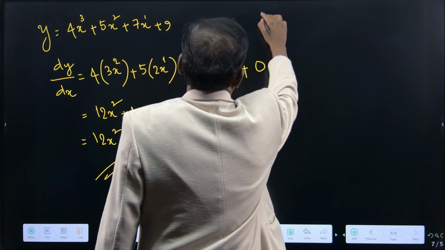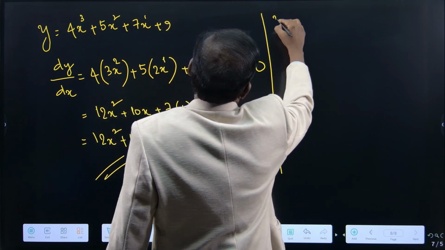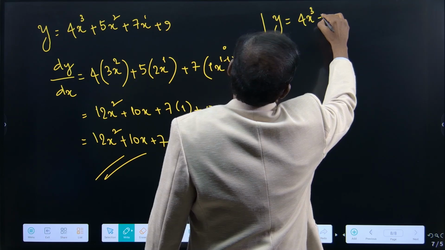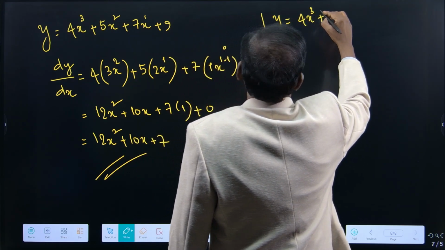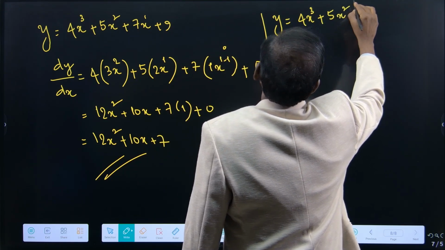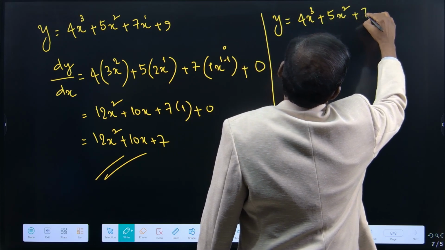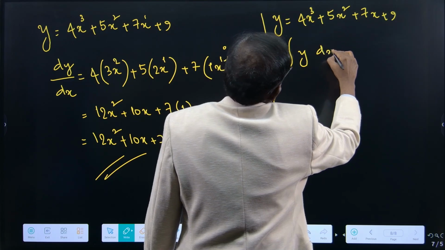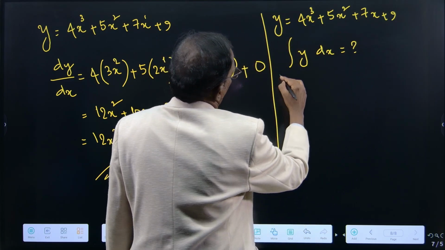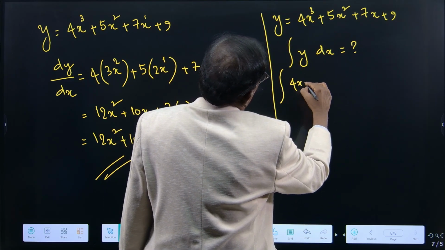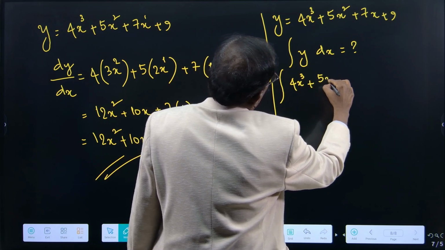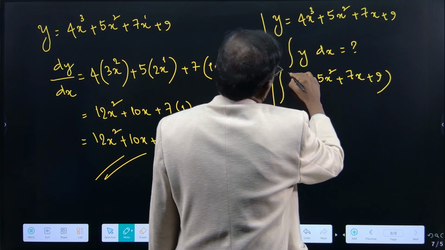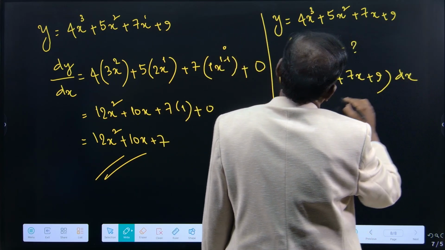Over. So for the same function, let us do one integration process. Find the result of the integration of 4x cube plus 5x square plus 7x plus 9. Integral of y dx is to be found. So integral of 4x cube plus 5x square plus 7x plus 9 dx.